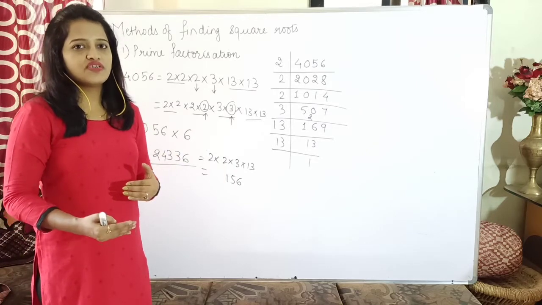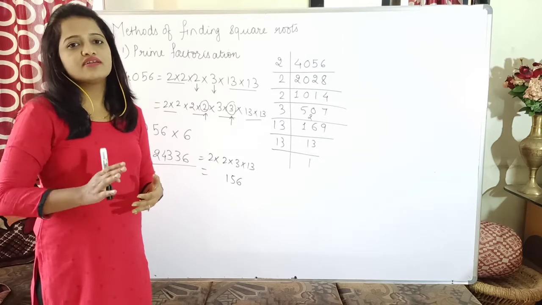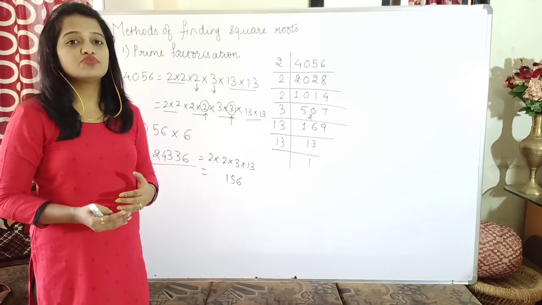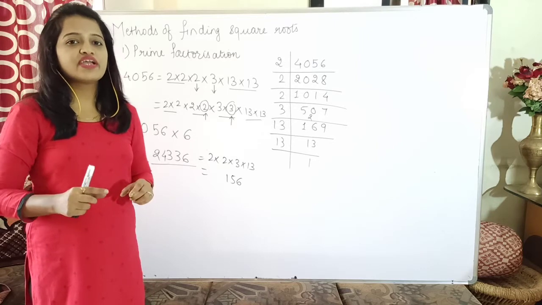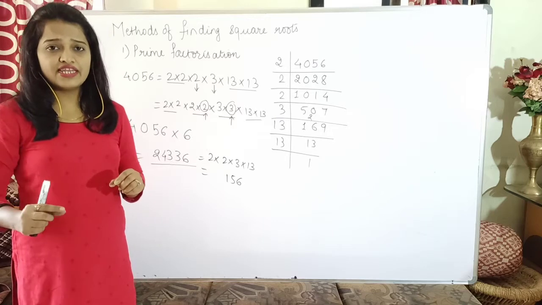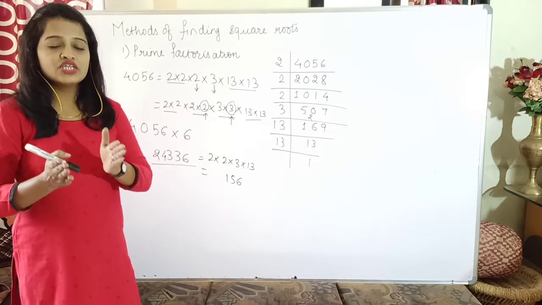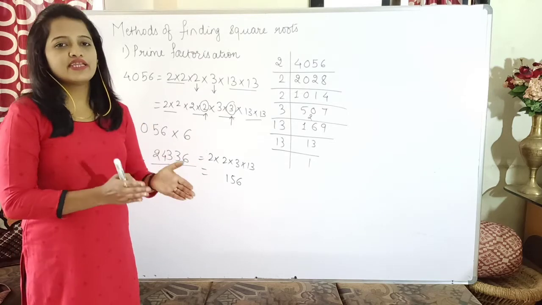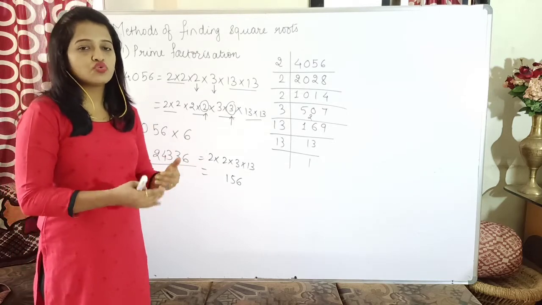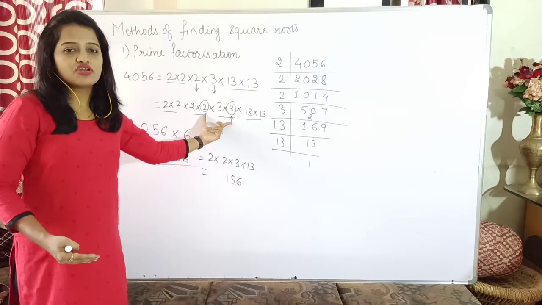And the next question, if they ask how to make the given number a square by multiplying, so by what number it has to be multiplied? Whatever prime factors are present as a single value, not having their pair, you will multiply those values so that they make pairs.